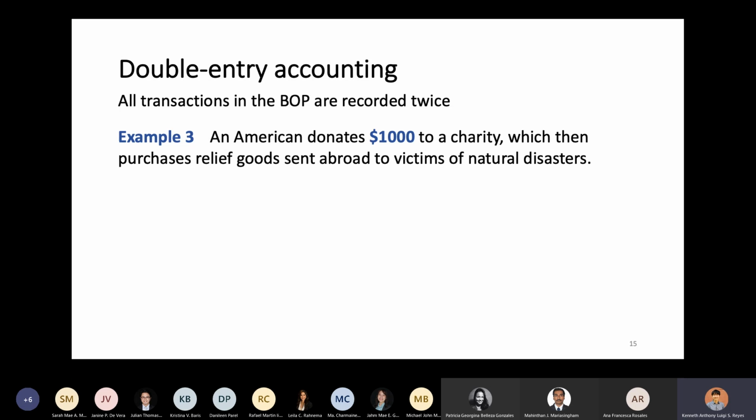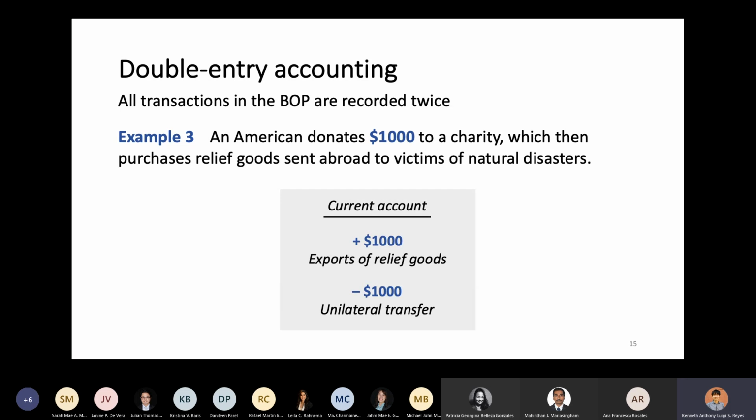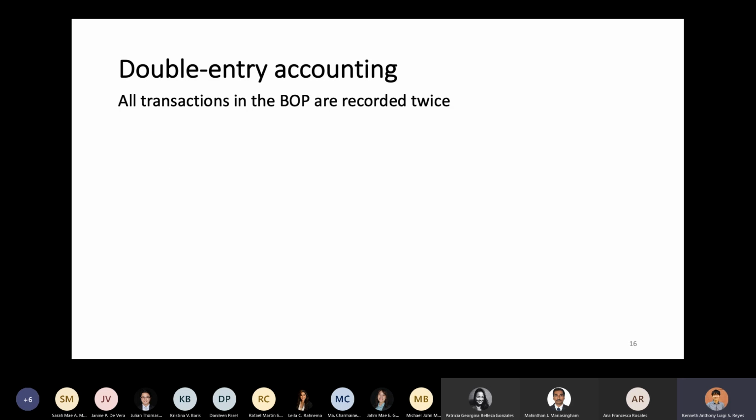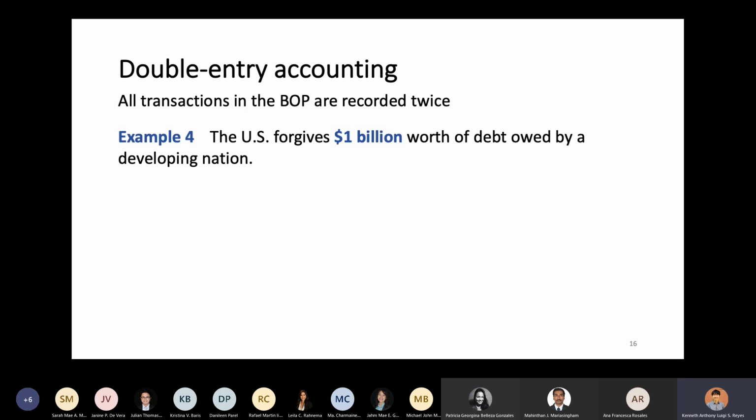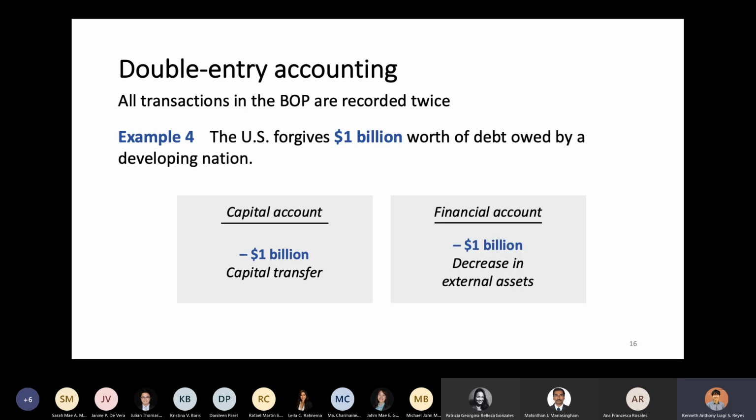This shows up in the current account only, first as an export of goods, and then as a unilateral transfer, which shows up in the secondary income account. And then finally, let's say the US forgives debt owed by a developing nation. This one will be a capital transfer with a corresponding entry in the financial account.